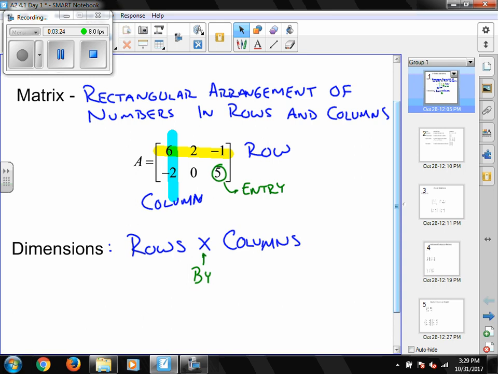So if we look at matrix A up above, we can see that we have 2 rows going across. So that is going to be 2 rows by how many columns do we have going up and down? Well, I've got the 6 and the -2, the 2 and the 0, the -1 and the 5. So that is going to be 3 columns. I have 3 columns going up and down. So the dimensions of A are going to be 2 by 3.